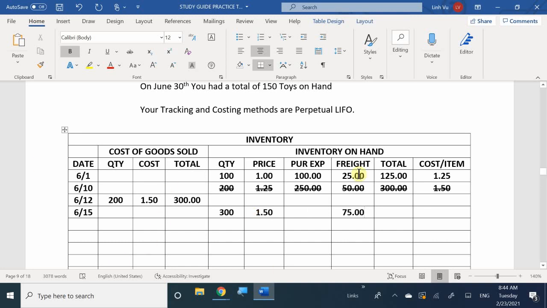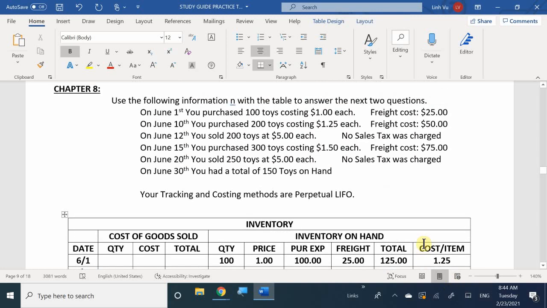So what is my total purchase price here? $450, plus 75 gives you $525, and this is $1.75 per unit. Good. So then, what has happened next on June 20th?